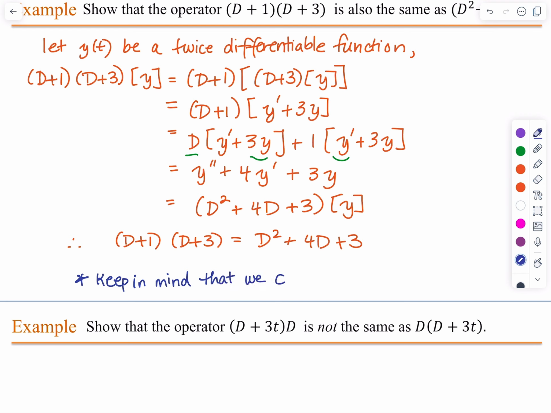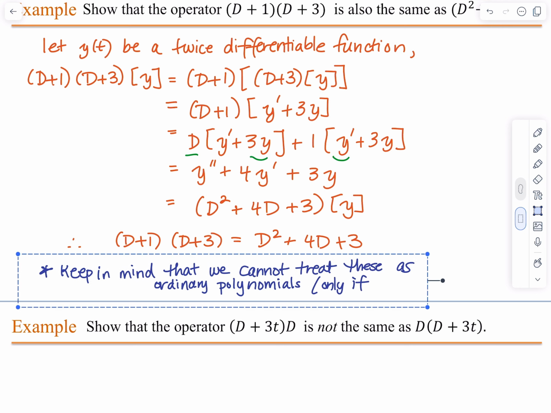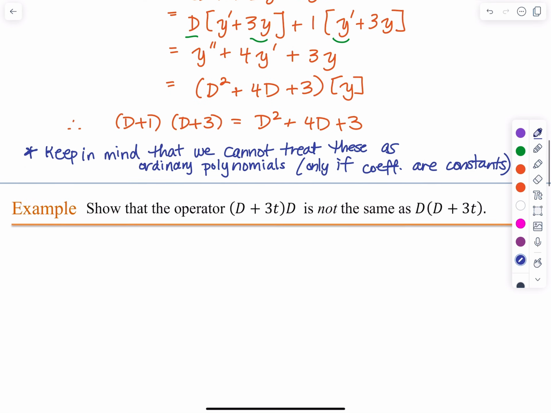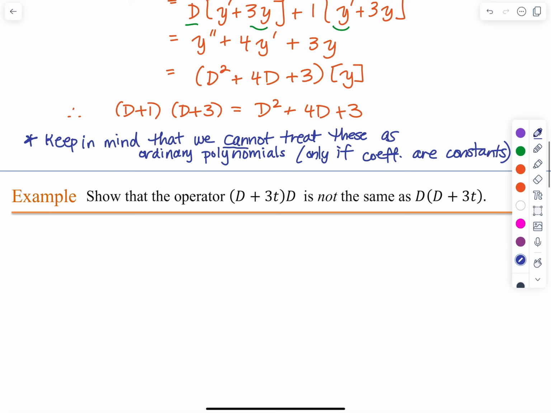And keep in mind that we cannot treat these as ordinary polynomials. Of course, we can, only if the coefficients are constants. But if we have variable coefficients, we cannot treat these as ordinary polynomials.